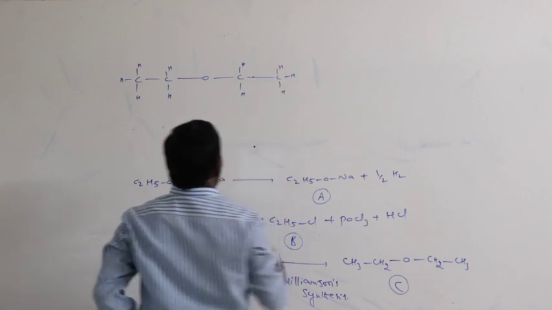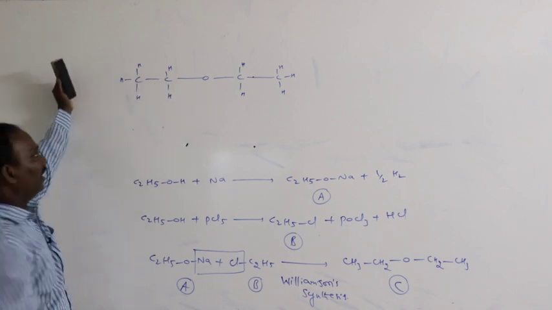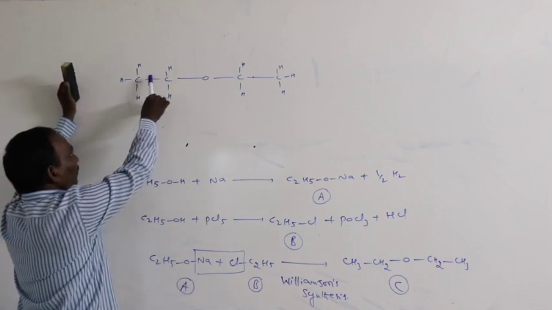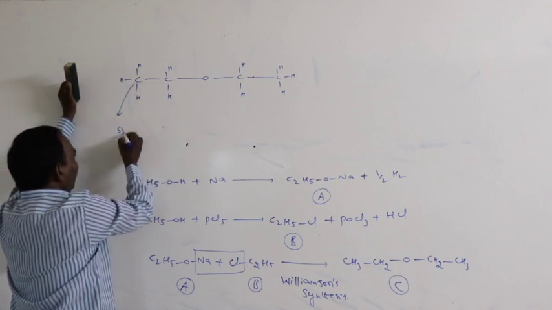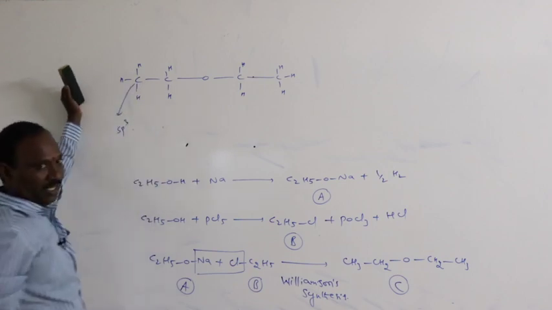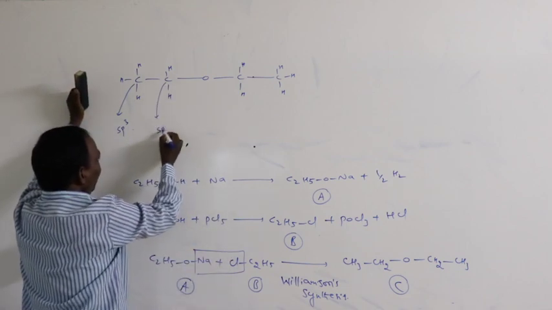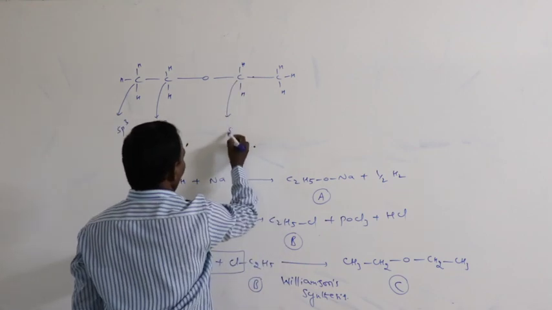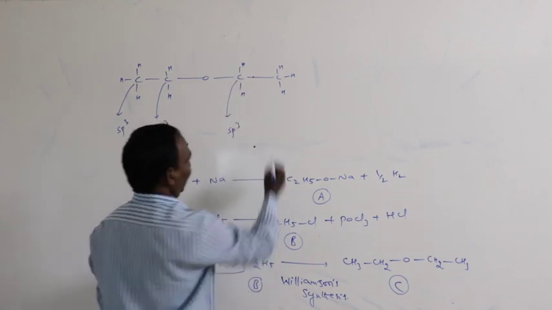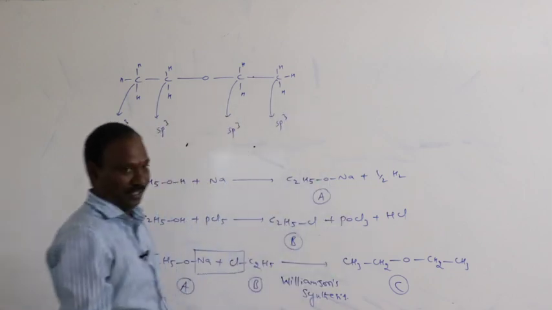So first of all, you have to decide the hybridization of the carbon. Around this carbon, 1, 2, 3, 4 bonds are present, therefore it undergoes sp3 hybridization. Around each carbon 4 sigma bonds, so sp3.